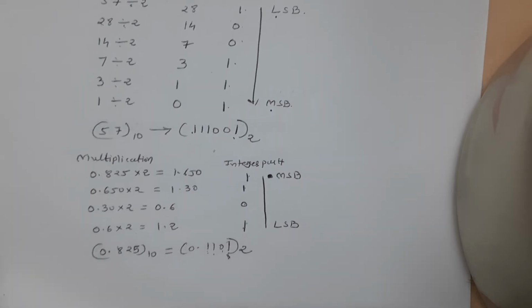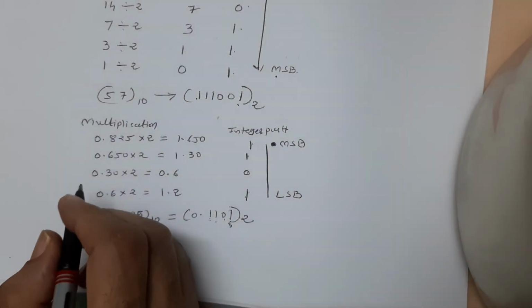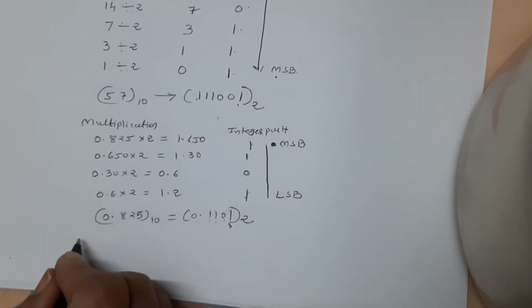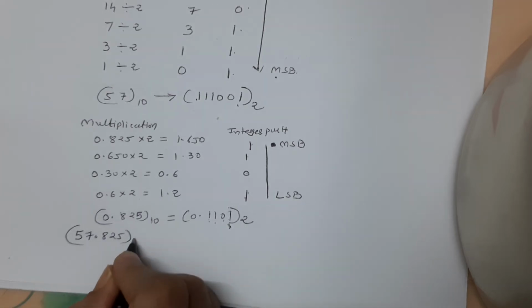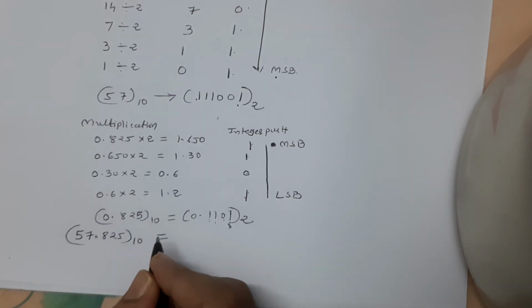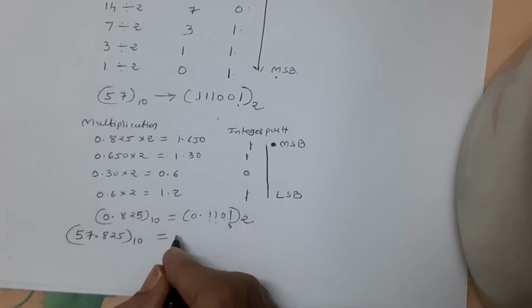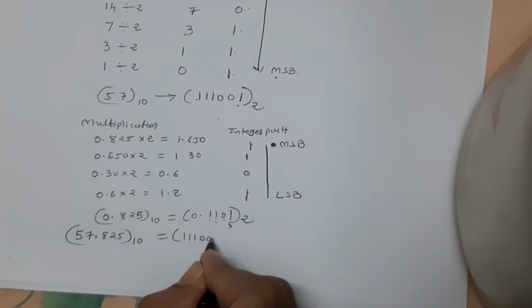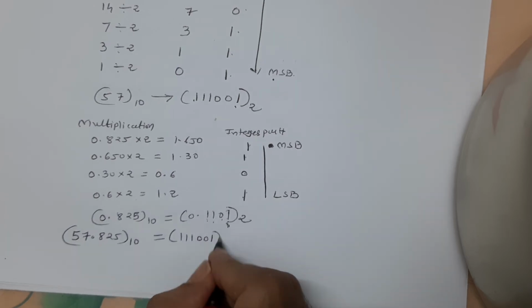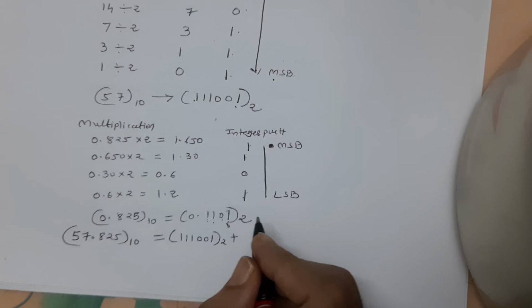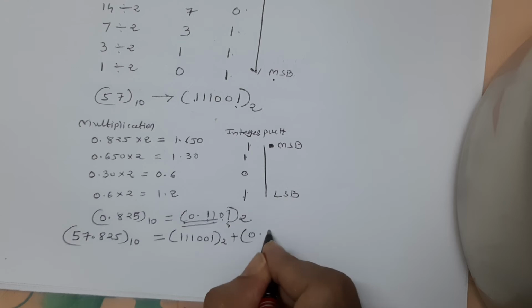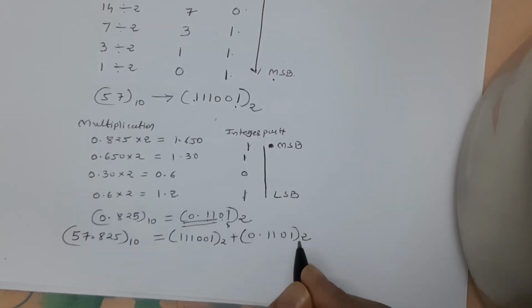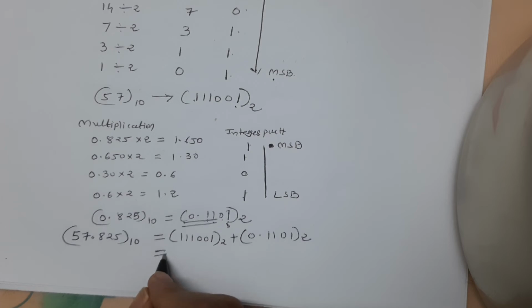So we can write the final result 57.825, which in decimal is equal to 111001 binary plus 0.1101 in binary, and this is equal to the final result.